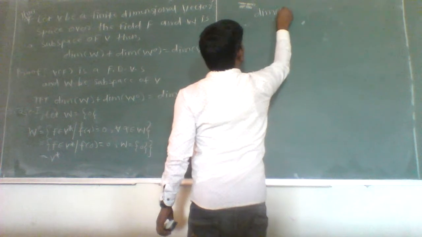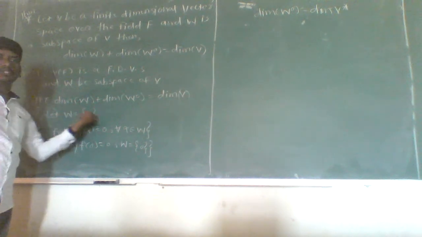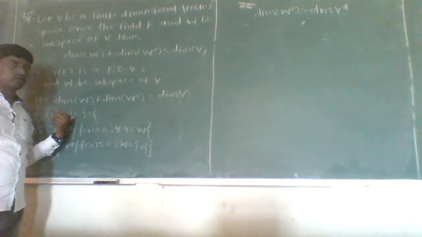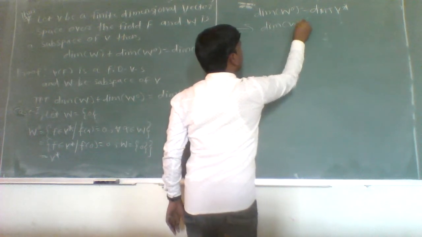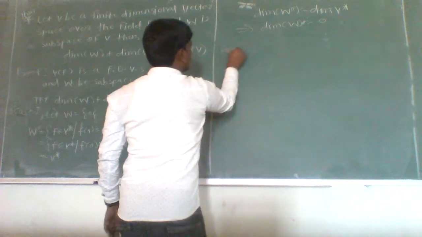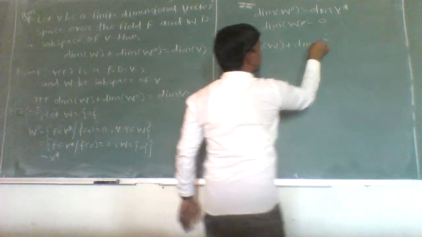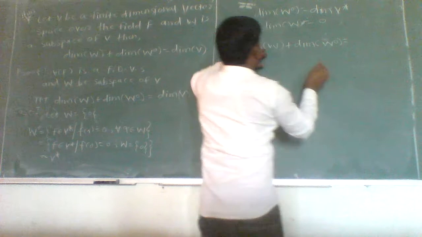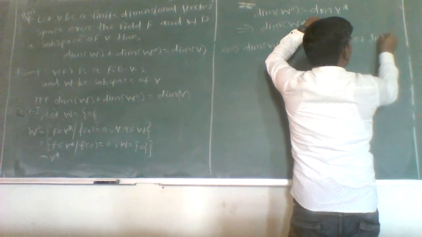Okay, as here W equals singleton 0, that is W contains only the 0 element, then dimension of W is 0 since there is no linearly independent element belonging to W. Now consider dimension of W plus dimension of W annihilator, which is 0 plus dimension of V star.